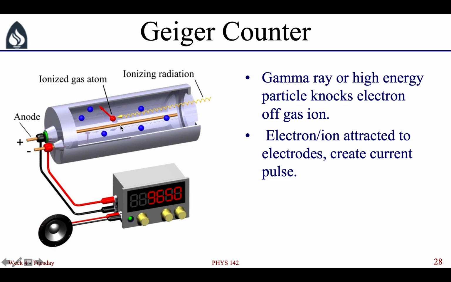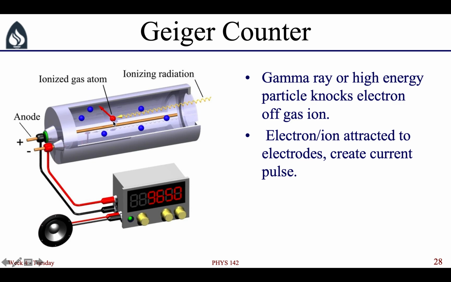Now this chamber is charged. There is an anode, which is positively charged, running down through the middle, and then there's also a negative charge on the outside edge of the chamber. When the particle becomes charged, because it's had an electron knocked off, it will be attracted to the negatively charged outside of the chamber, whereas the anode will attract the electron that has been knocked off.